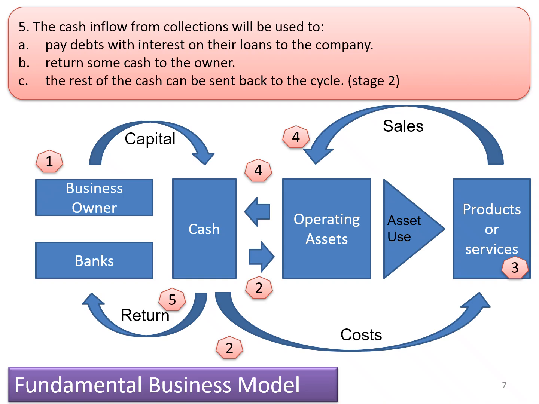Okay, so the business owner may withdraw money from the bank that he can enjoy and use for personal consumption. Or the rest of the cash can be sent back to the cycle from stage 2 and so on. The cycle goes on.